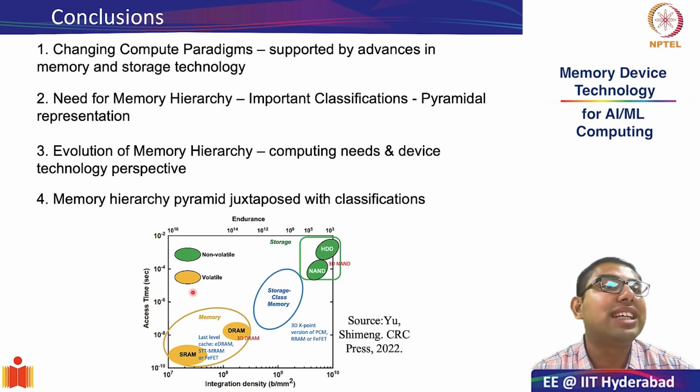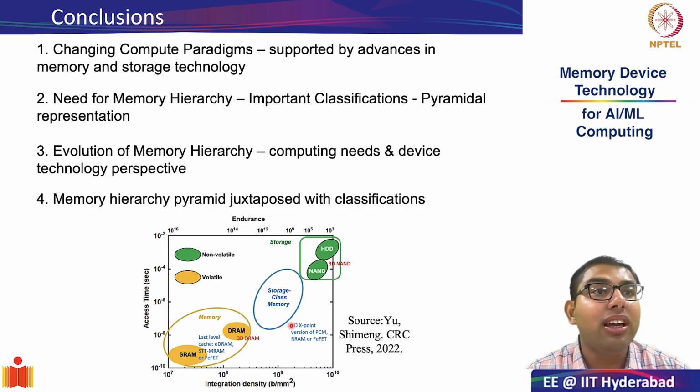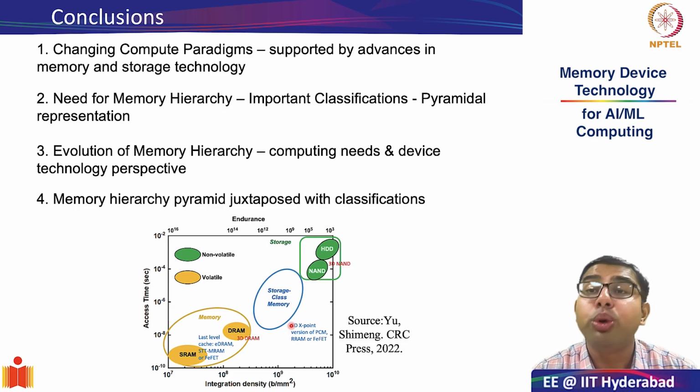And this gives us the reason why we need to come up with new storage class memories, whether it is PC RAMs or RRAMs or MRAMs, which can fill this big gap between bit density and access time. And this is what storage class memories aim to do. So this is a good encapsulation of the memory hierarchy that we have been looking at very closely. Okay, with this, let's conclude. Hope to see you soon again.